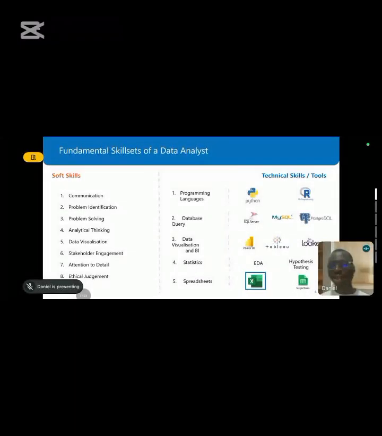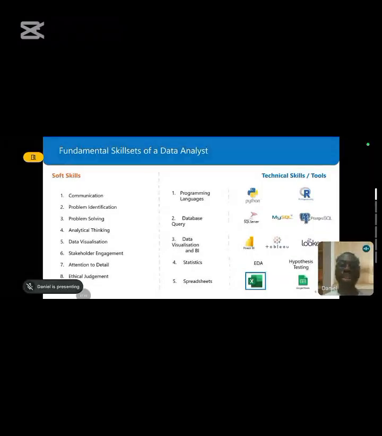And then the more popular ones, technical skills. You have programming languages, structured query languages, data visualization and BI, statistics, and then spreadsheets. Programming languages, your Python, R programming. We touched on that a bit yesterday. We have database queries. So there are different flavors of SQL.